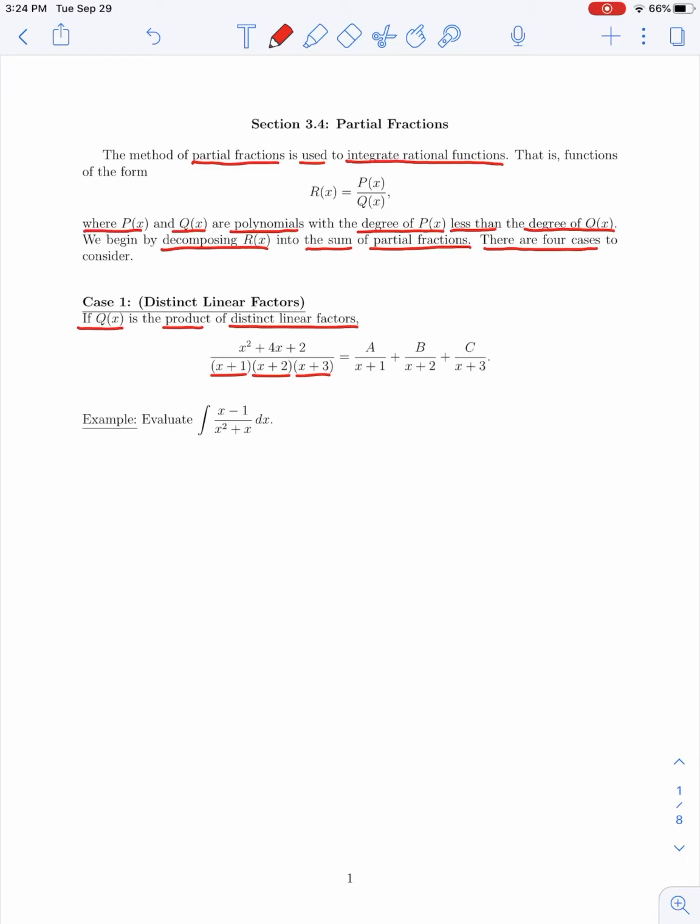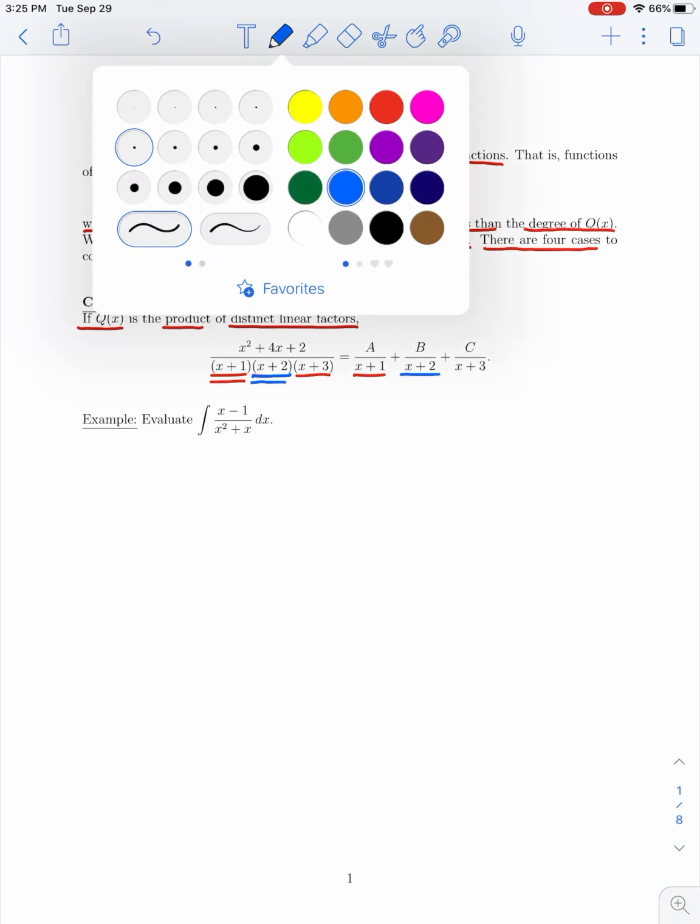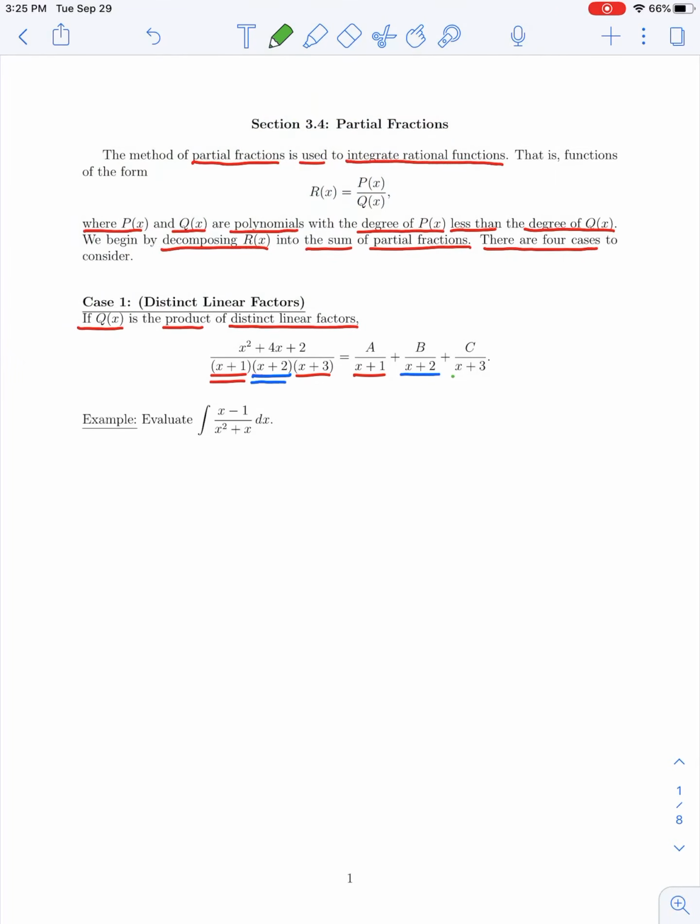So we could decompose this into something of the form a over x plus 1, where x plus 1 was the first factor in our denominator, plus b over x plus 2, where x plus 2 was the second factor, plus c over x plus 3, where x plus 3 was the third factor.